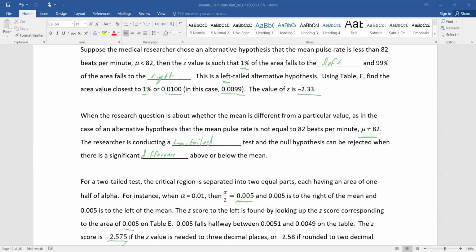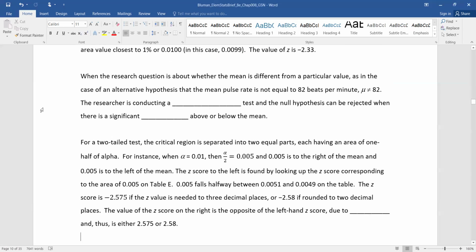So we'll go with negative 2.575 if the z value is needed to 3 decimal places, or we can simply say negative 2.58 if we round to 2 decimal places. So again, if this is what we're getting for our left side, then the right side would just be the positive of that. The z-score on the right is the opposite of the left-hand z-score due to symmetry.